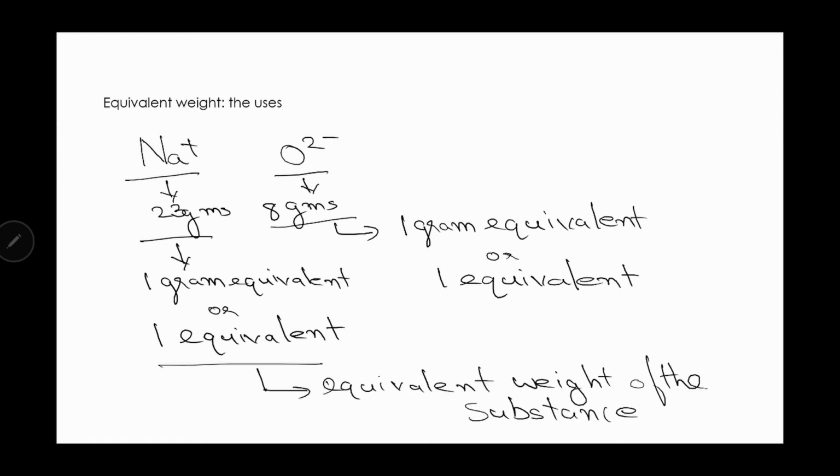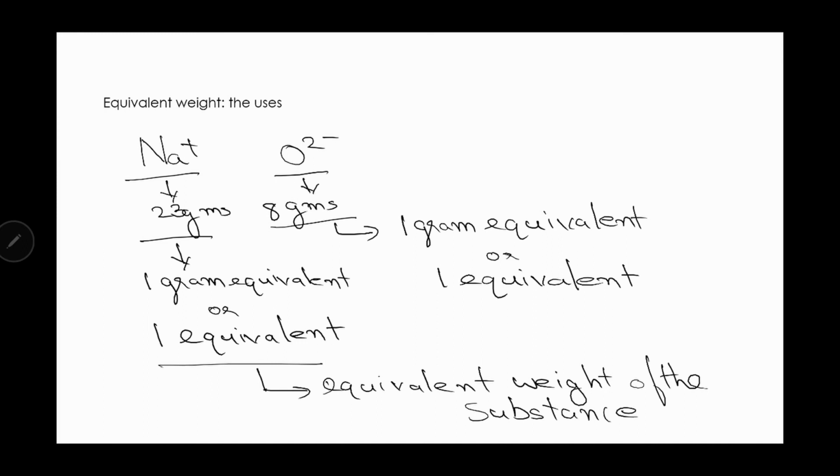So I hope you have got my concept, that if you have 1 equivalent of any substance, it will be requiring 1 equivalent of the other substance to oxidize it or to displace it. So that's the concept of equivalent weights. For example, if we have 1 equivalent of H plus ions, then we will be requiring only 1 equivalent of OH minus ions. Of course, the equivalent weights are different.